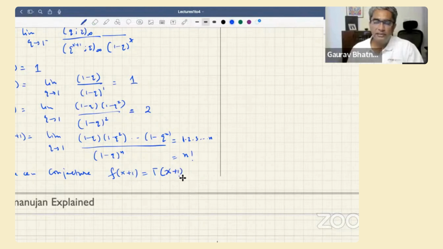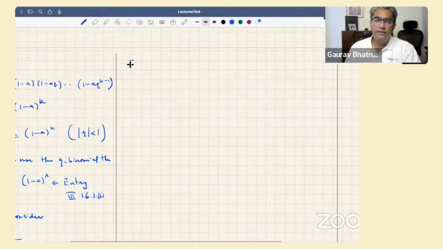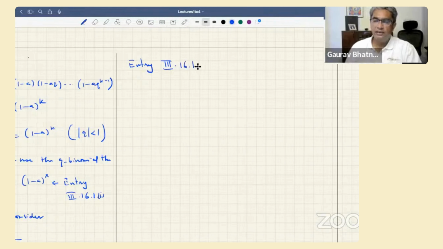So this is a conjecture, and this is in fact what the entry is. So let me write down the entry. This is in volume 3, chapter 16, entry 1, and the second part.